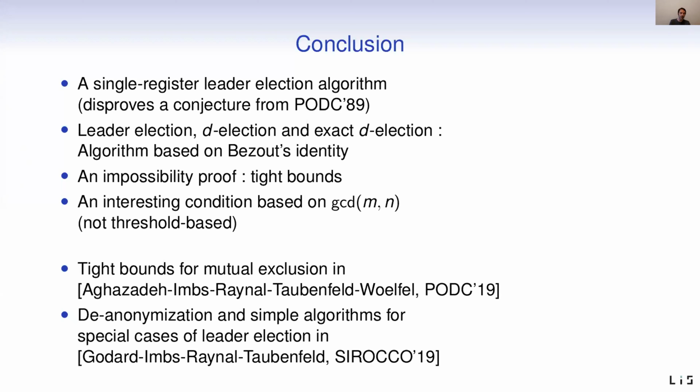And for some values of m and n, an anonymous memory can actually be de-anonymized and used as a classical shared memory. So we show how to do that, and we give simpler algorithms, simpler than the one I presented today, for some special cases of leader election in our Sirocco paper from last year.